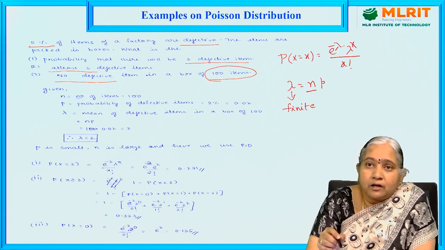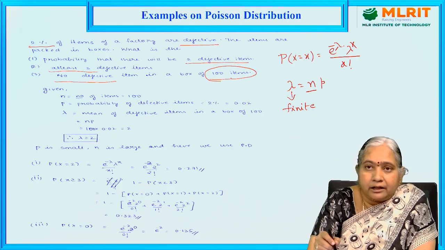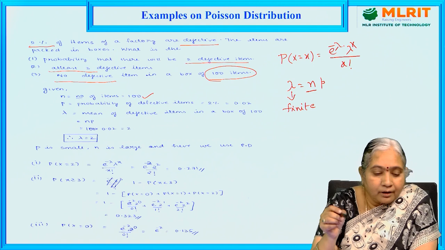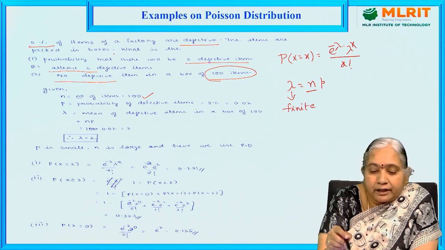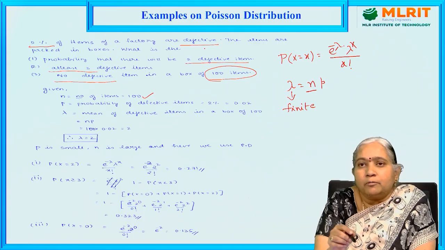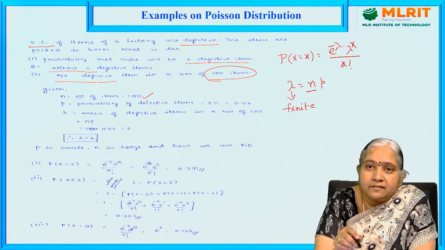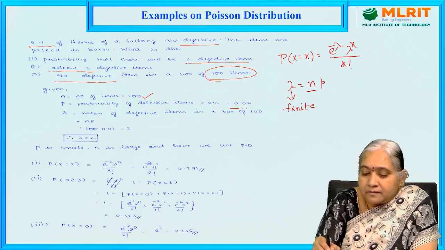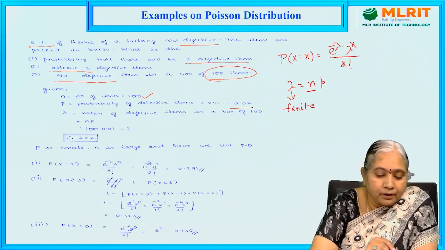So each box contains 100 items, so n is equal to 100. And 2% of items of a factory are defective, so the probability of a defective item is given: p equal to 2%, which is 0.02.